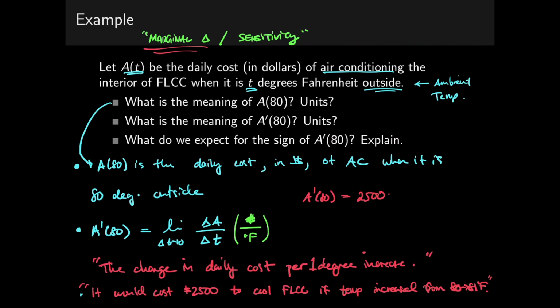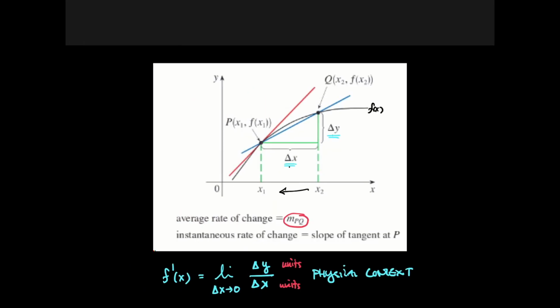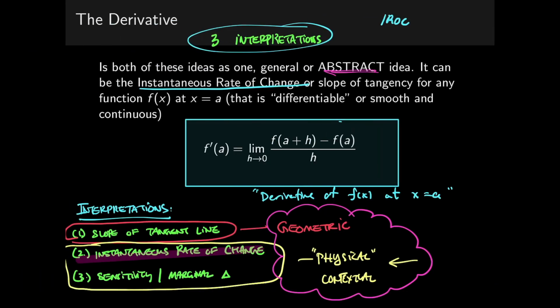Okay, so this is an example of one way that we can interpret the derivative, which sometimes we call sensitivity, sometimes we call marginal change. It feels a little clunky, but once we realize that we can describe this as the change in the output for a change of 1 in the input, it opens up the way that we can talk about the instantaneous change.